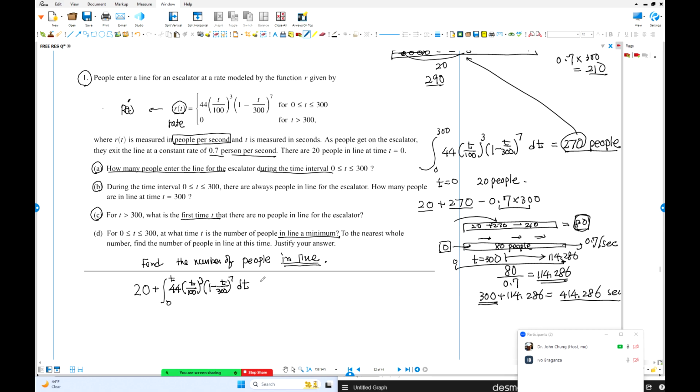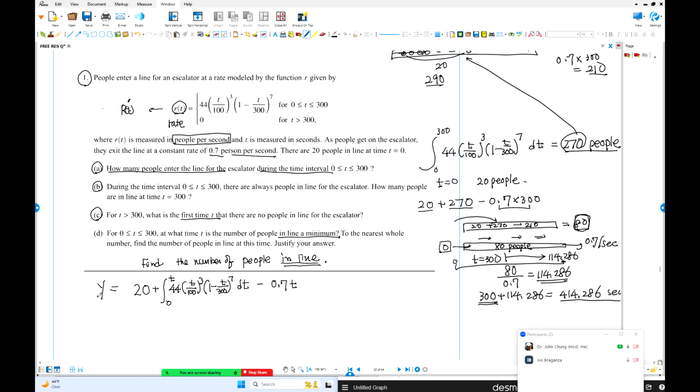That is the total number of people who got into the line of the escalator in time t. We're going to find the minimum value. After that, how many people are out? We count out: 0.7 times t, isn't it? Yeah, this is the number of people.